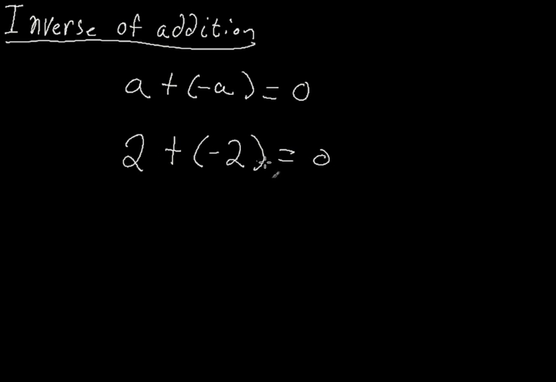And if you put them together, this equals 0, okay? It seems pretty obvious that 2 minus 2 equals 0, and we're going to call this the inverse. And I actually think of it as the opposite rule. This is the opposite of addition. So it's the opposite of adding is subtracting, okay? So that's what the inverse of addition property of real numbers is.